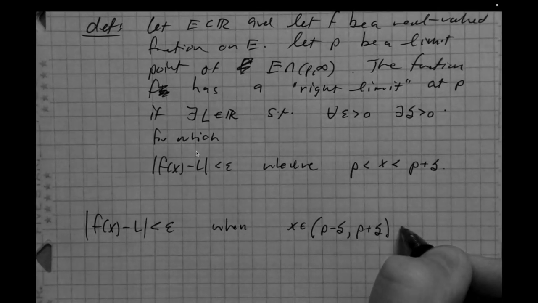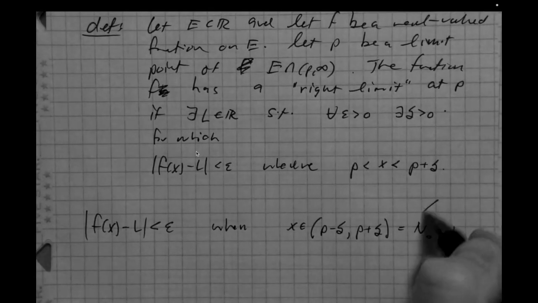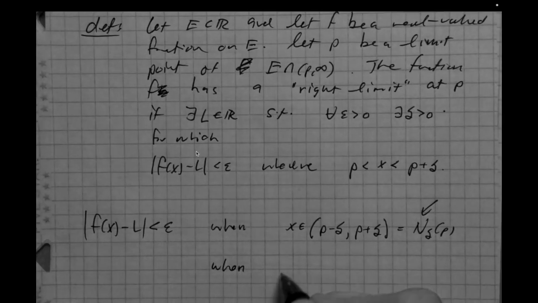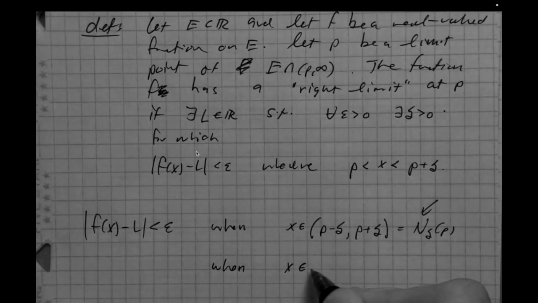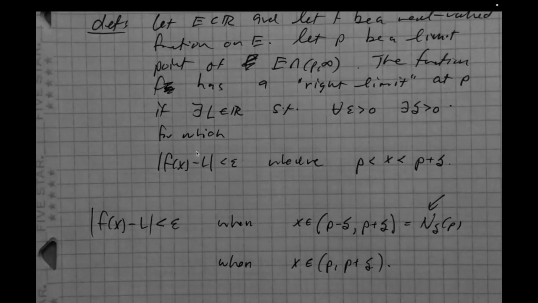That's the same thing, isn't it? So this is the overall limit. But here what we're saying is that x has to be in P comma P plus delta, so it's approaching from the right hand side.